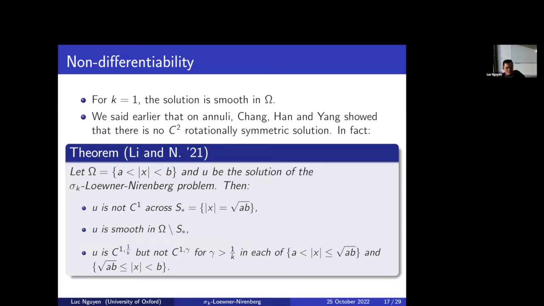And so it reduces somewhat to the study of an ODE, a complicated one unfortunately, but still an ODE. By the work of Chang, Han, and Yang, we already know that there is no C2 solution. And then the content of the theorem is the precise location of where the singular point is.